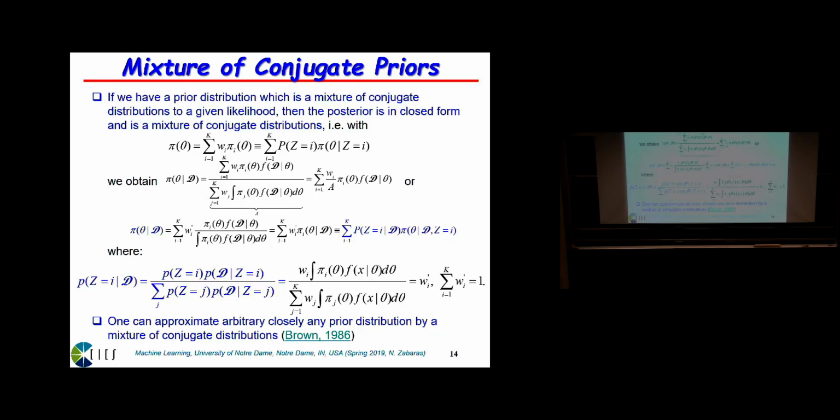So if you have a mixture of priors where each component is conjugate to the likelihood, then the mixture is also conjugate to the likelihood, and this is the proof. The posterior turns out to be a mixture of distributions that have the same form as the prior, but with updated values.